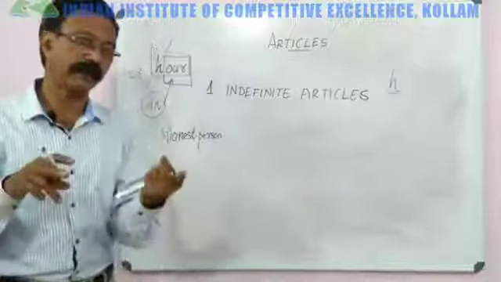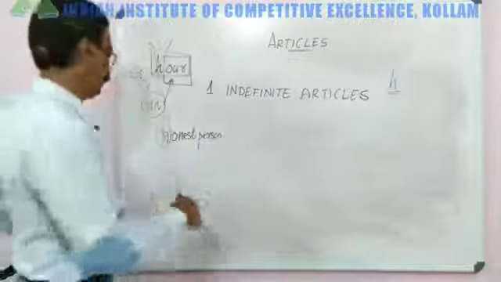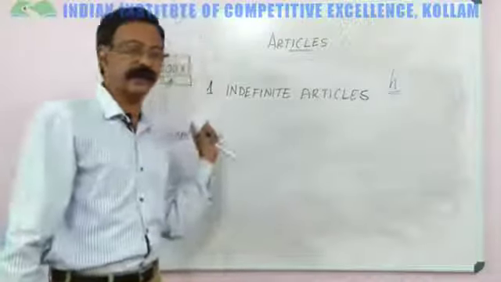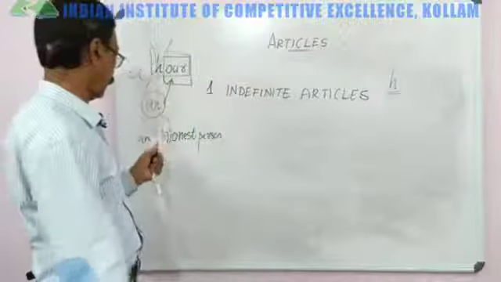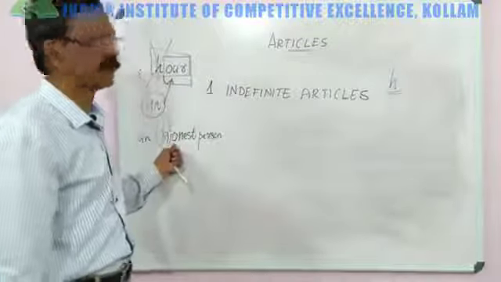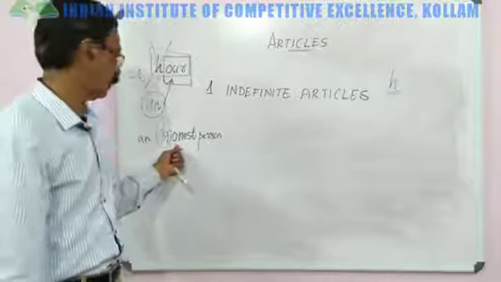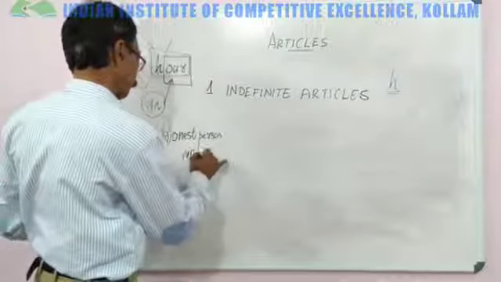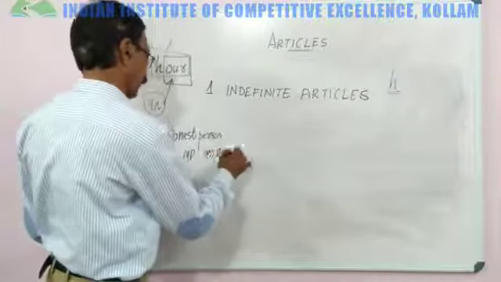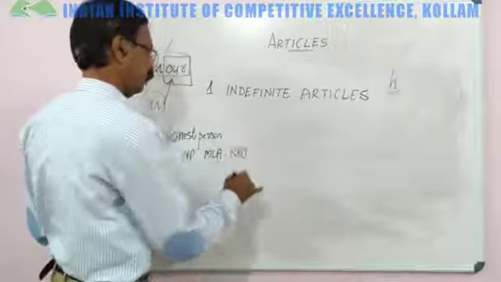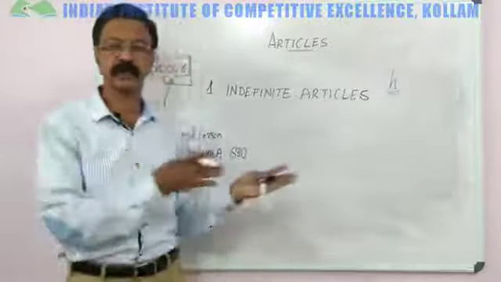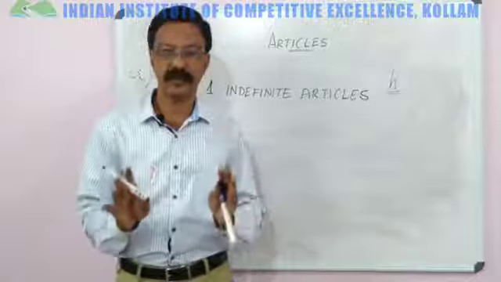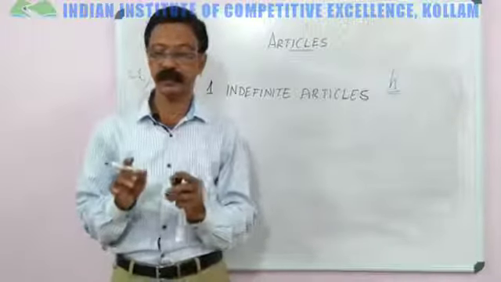Now, a or an? An is the correct indefinite article, as the starting sound is O. Like that, MP, MLA, SHO. All these starting sounds are vowel sounds. So, an is used.